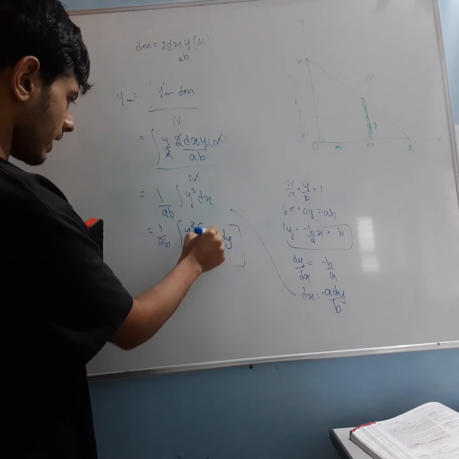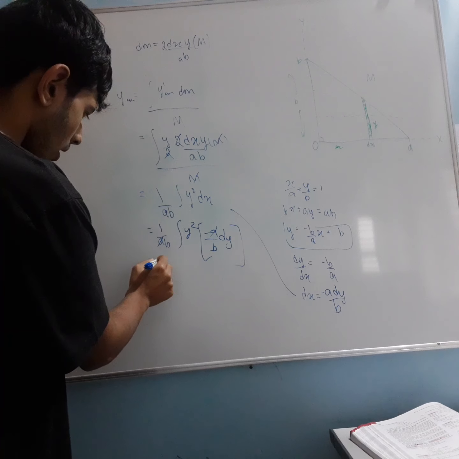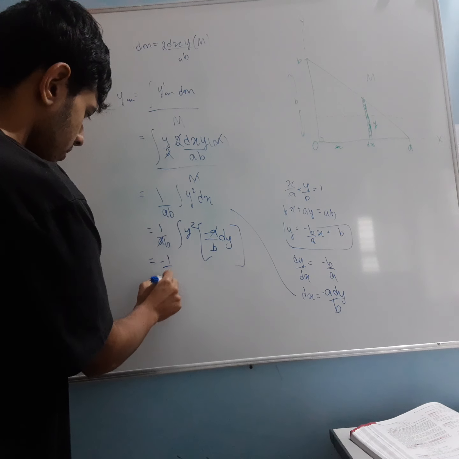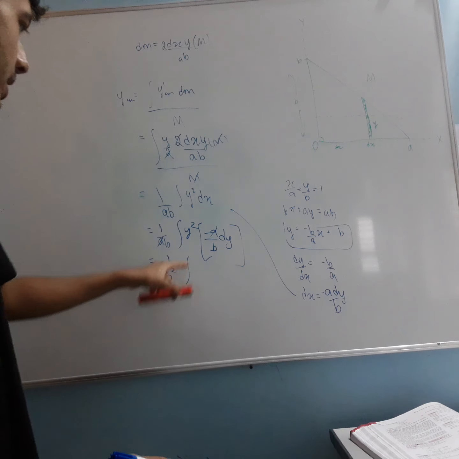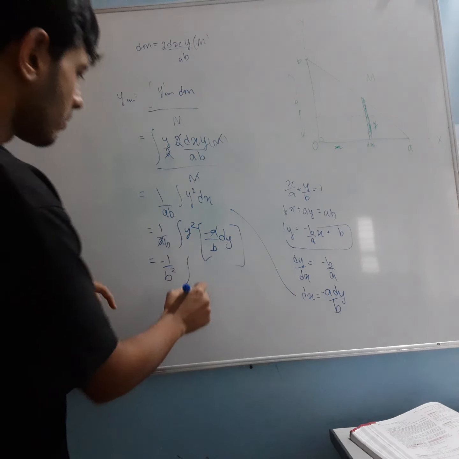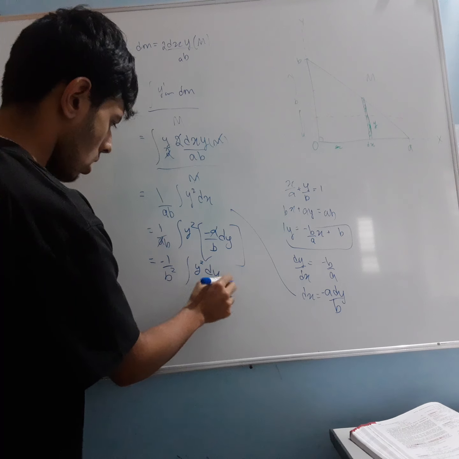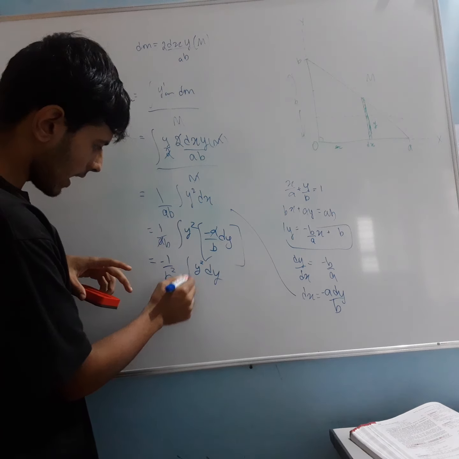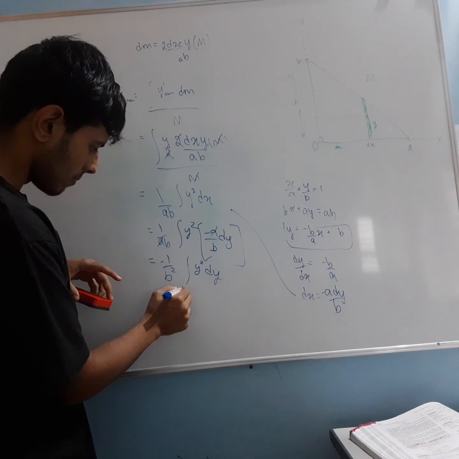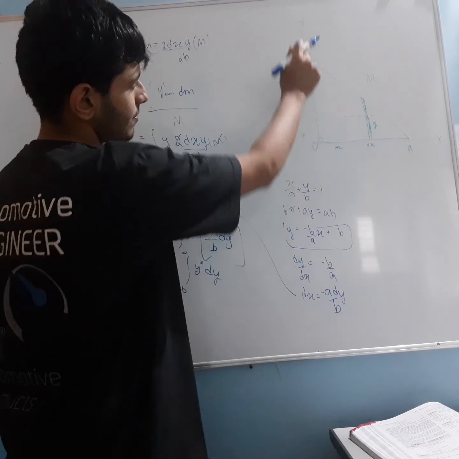And the a over here can cancel the a over here, and you get minus 1 over b square integration of y square dy. And here the limits are going to go from b to 0, where b is the length of y.